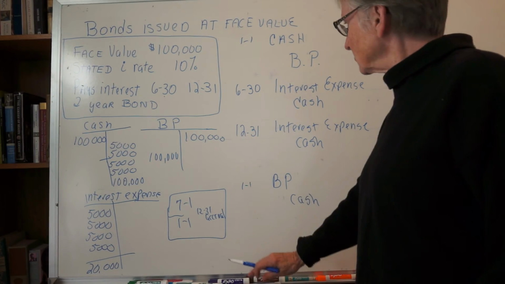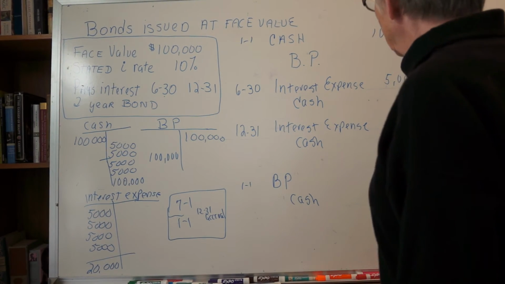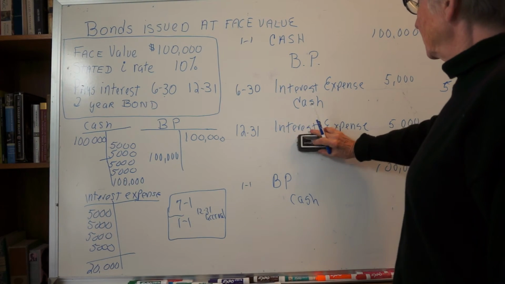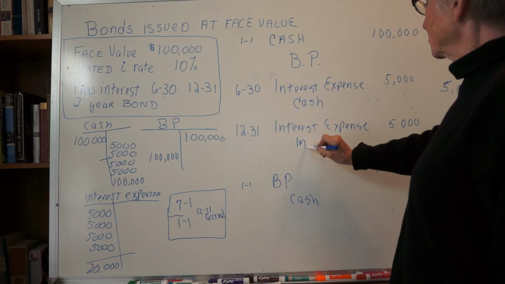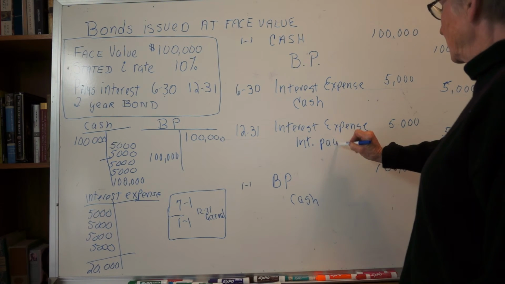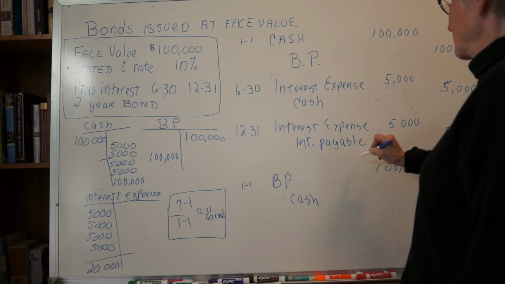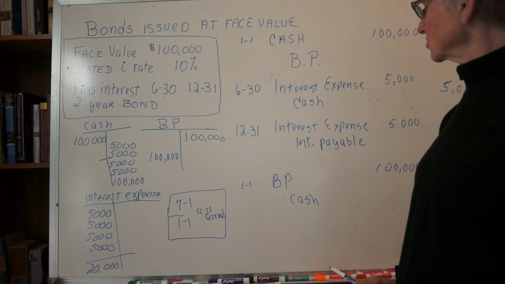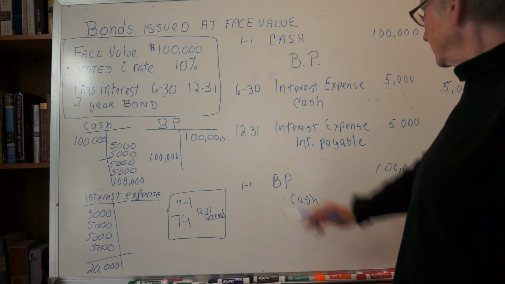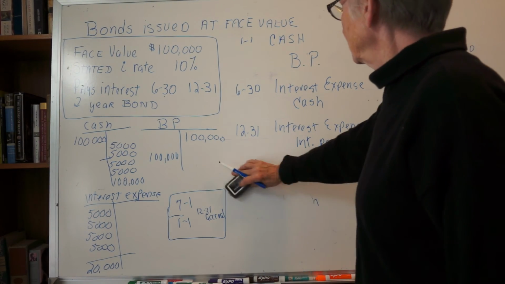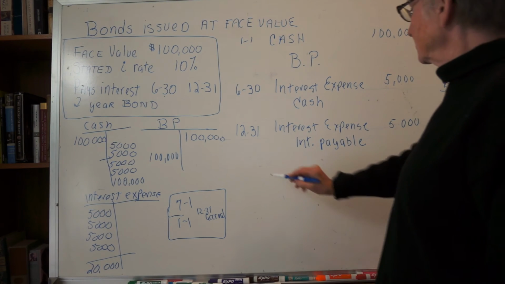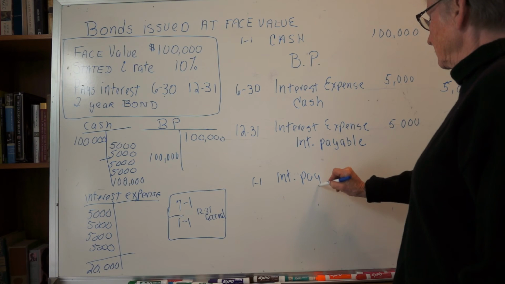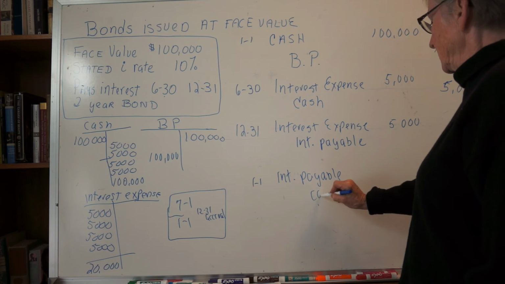So if that were the case, this journal entry here would be interest expense, but it would end up being interest payable because we were not going to pay it until January 1st. Okay, so both 12/31 entries would be interest payable, and then on 1/1, each of the 2 years, you would reduce your interest payable and just pay out the cash.